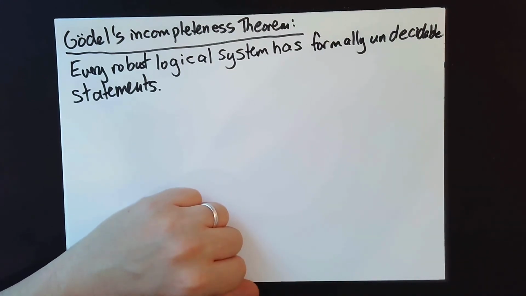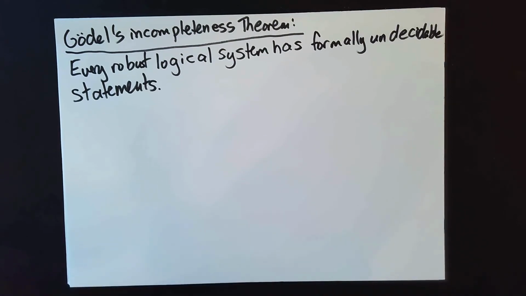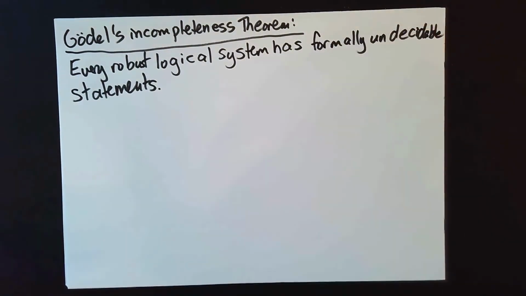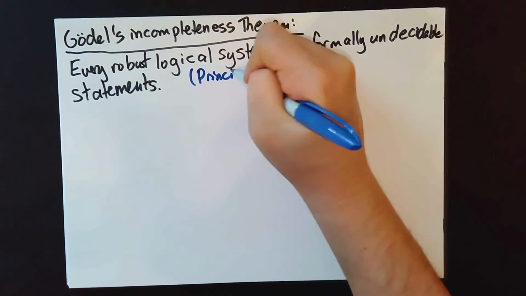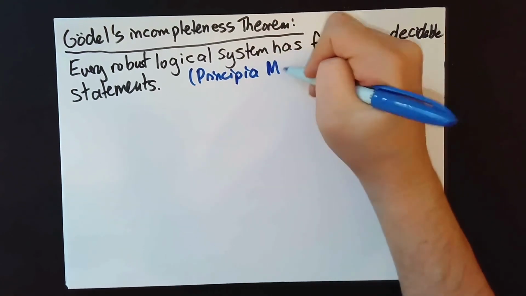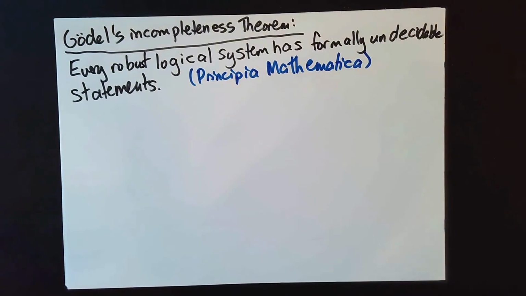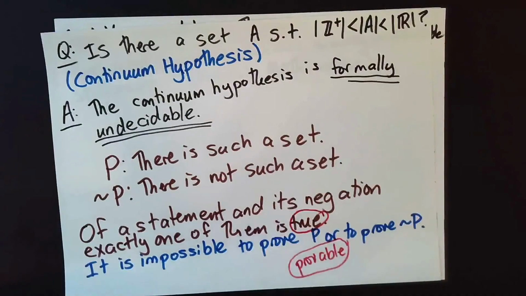Now, it should be noted, this was rather disappointing to Hardy and Whitehead, who had spent the better part of their lives up until the point where this was discovered trying to produce an axiom system that contained no formally undecidable statements. And indeed, they had this multi-volume book series that they had already been publishing called Principia Mathematica, which you can look up if you're curious, which was meant to eventually, once it was finished, meet this standard, that this kind of thing didn't happen.